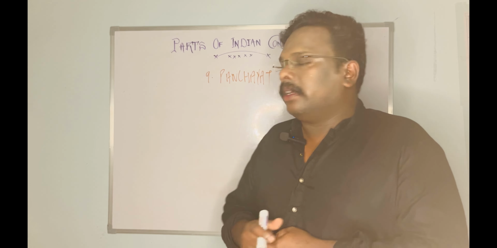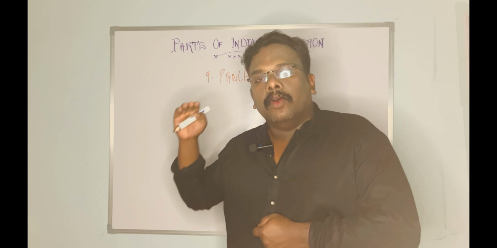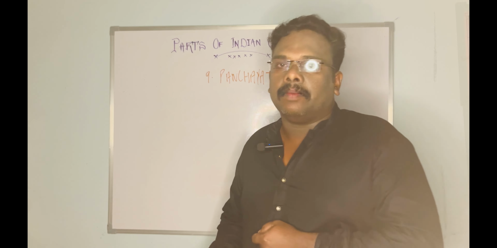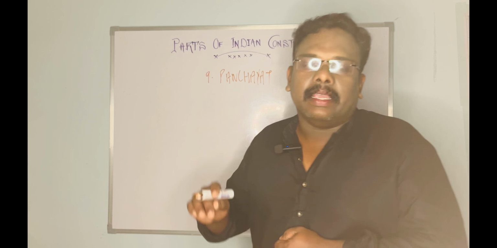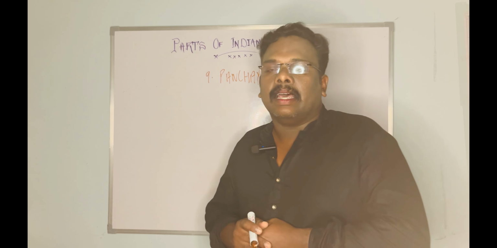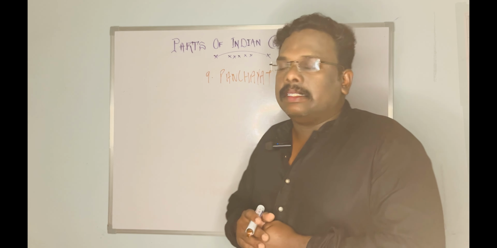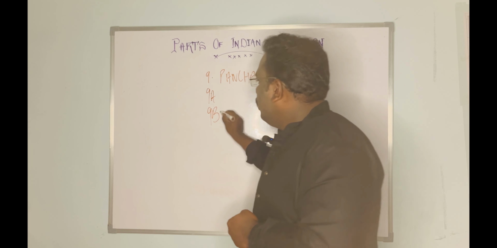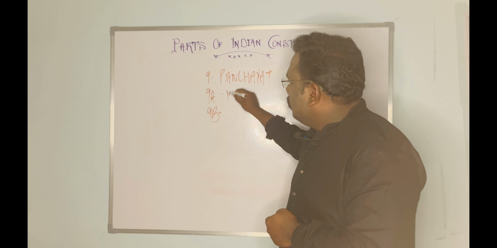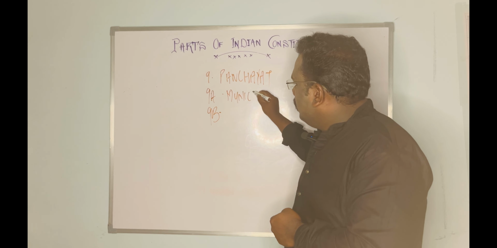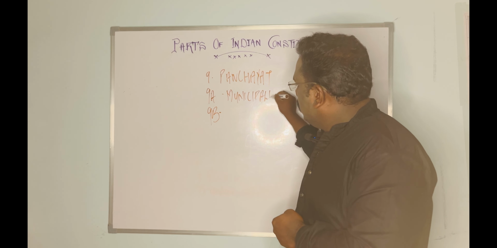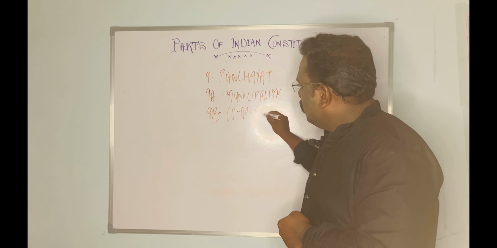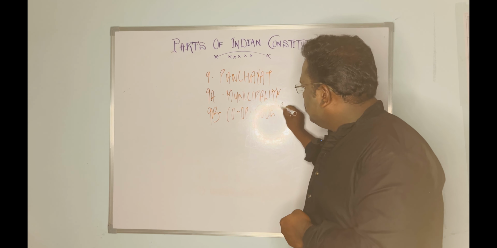Then another is municipality and cooperative societies. So municipalities and cooperative societies are added as 9A, 9B. So municipality, cooperative societies.